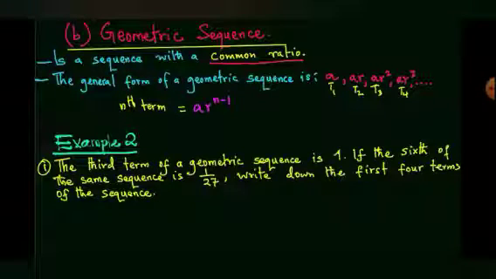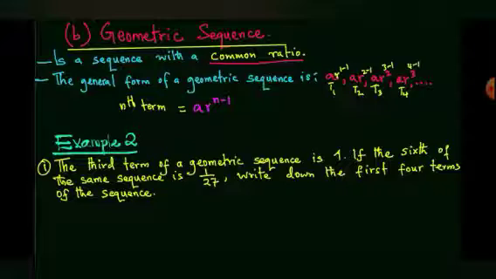So of course it can be clearly seen here: we have R power 1 minus 1, which is 0, so that is A. This is R power 2 minus 1, which is R power 1. This is R power 3 minus 1, which is 2. And this is R power 4 minus 1, which is 3.